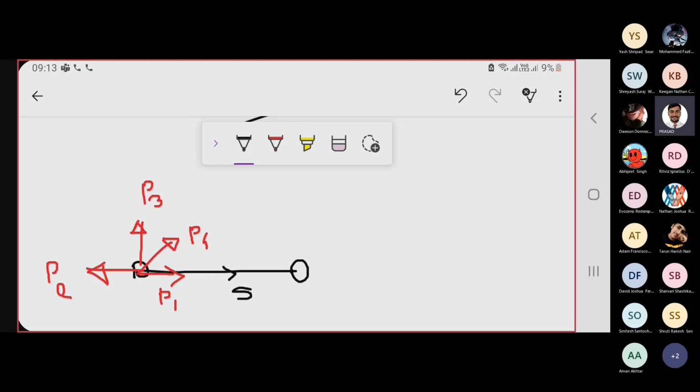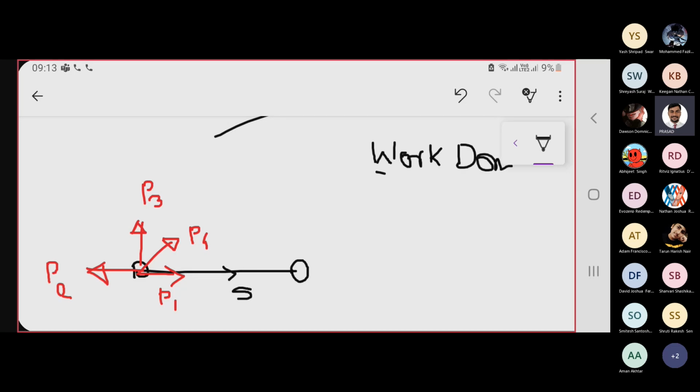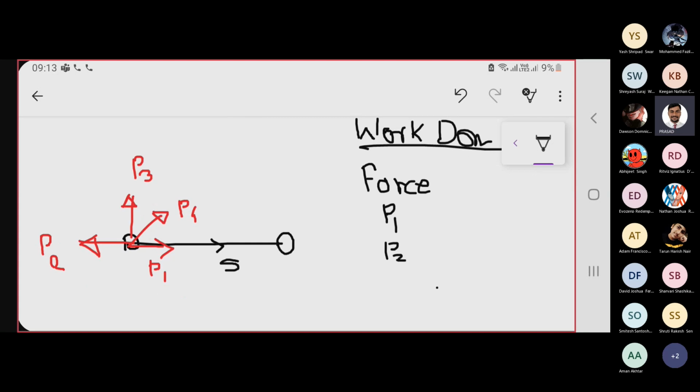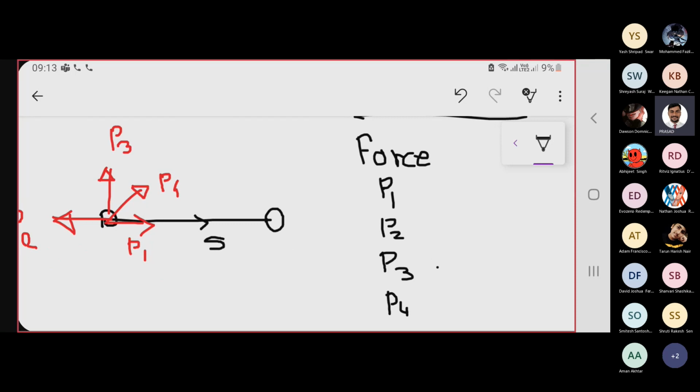Okay, so what will be the work done formula for each force? Because of force P1, because of force P2, because of force P3, and because of force P4.